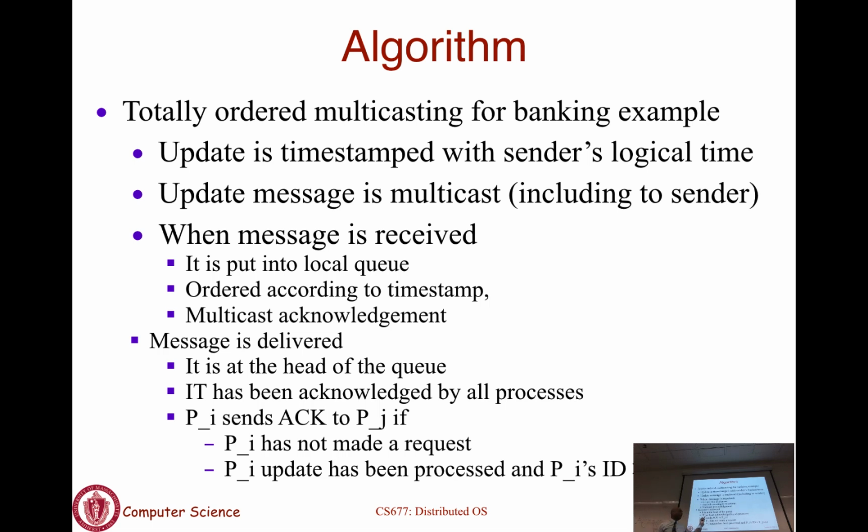Okay, so you can only send an acknowledgement to another process if you have no outstanding request, or your update has been processed by process I, and your ID is greater than that of process J. Okay, what does this mean?